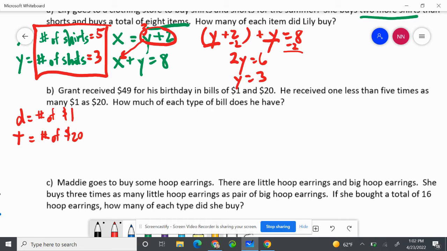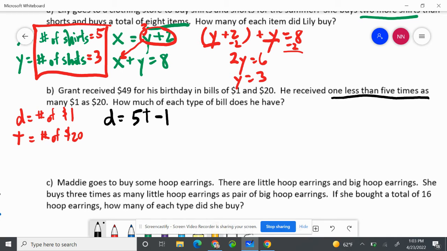The first thing we have to do is write our first equation. It says he receives 1 less than 5 times as many $1 bills as $20 bills. So we're going to take our $1 bills, which is D, and then it's 5 times T, which is the $20 bills, and then 1 less than that.